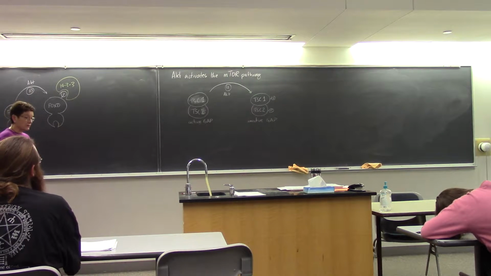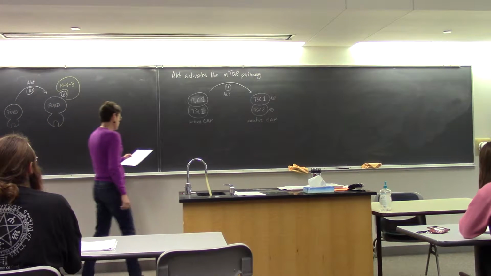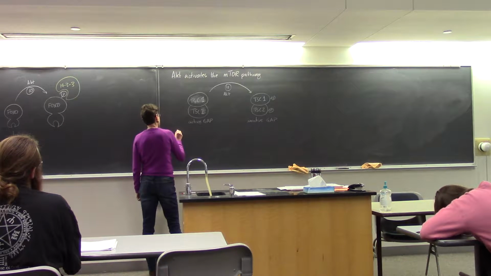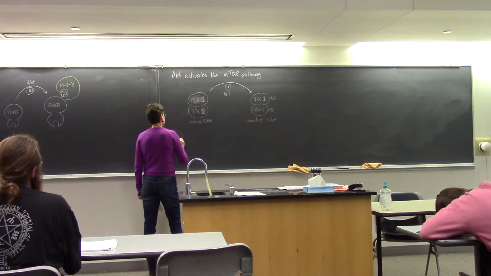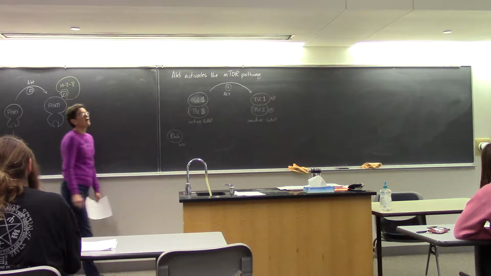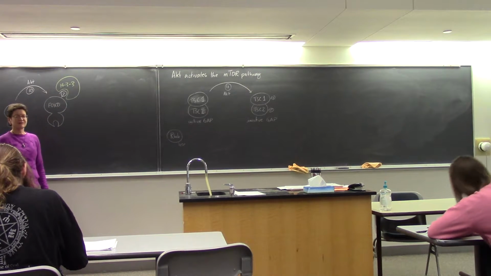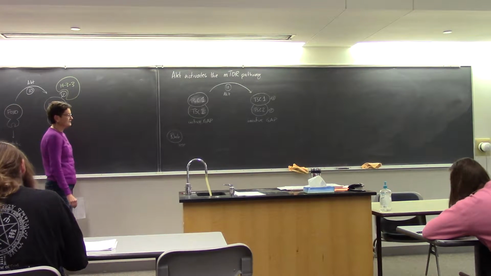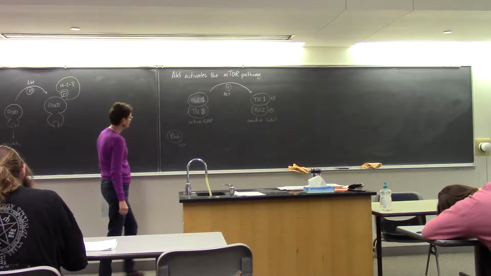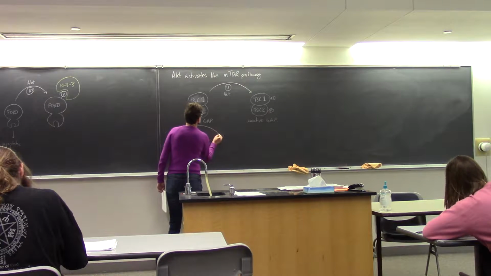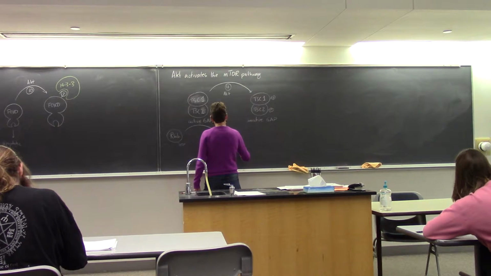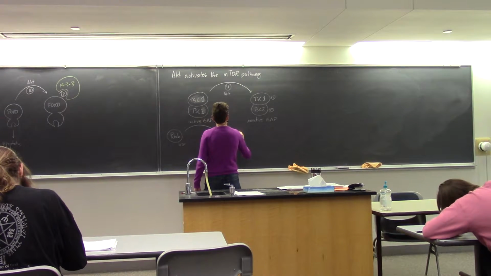Okay, the G protein is Rheb. Notice that lots of the G proteins begin with R, like Rab.